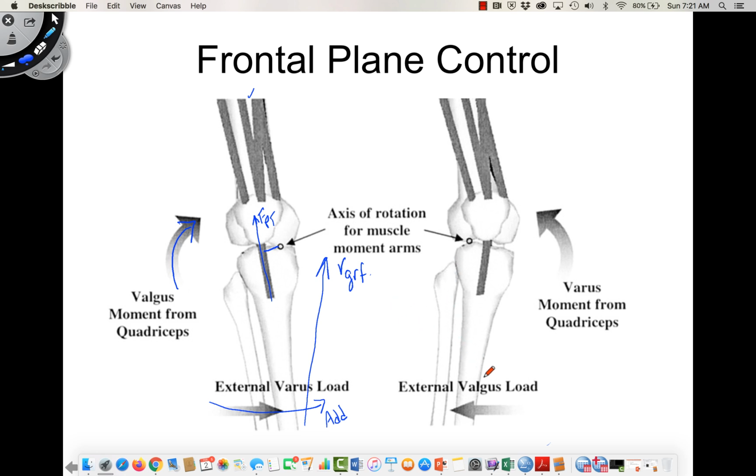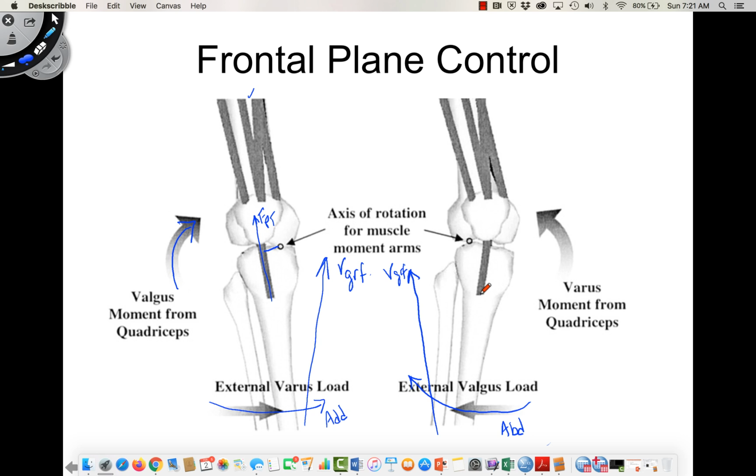When we reverse this, we note that the ground reaction force is now lateral to the joint line, so now we have an external valgus or abduction moment. And so this shifts the contact point to between the lateral tibial plateau and lateral femoral condyle here.